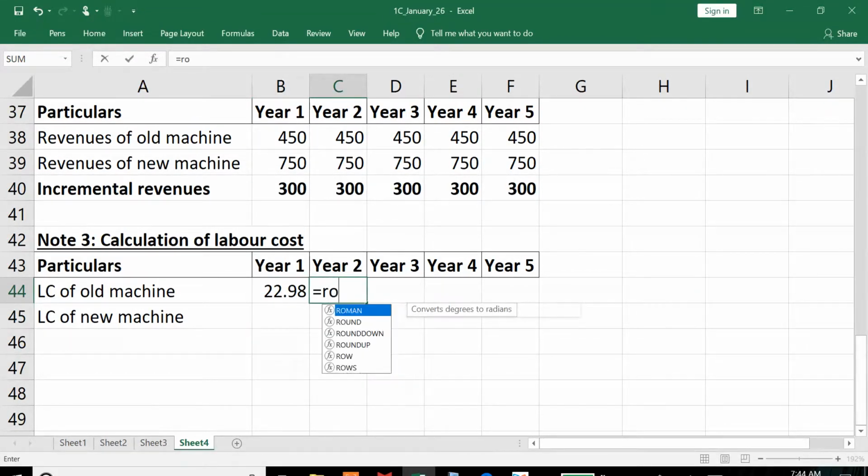Second year onwards, this amount will increase by 10%. Why will it increase by 10%? To give effect to inflation. I'll have to give extra salaries to employees.